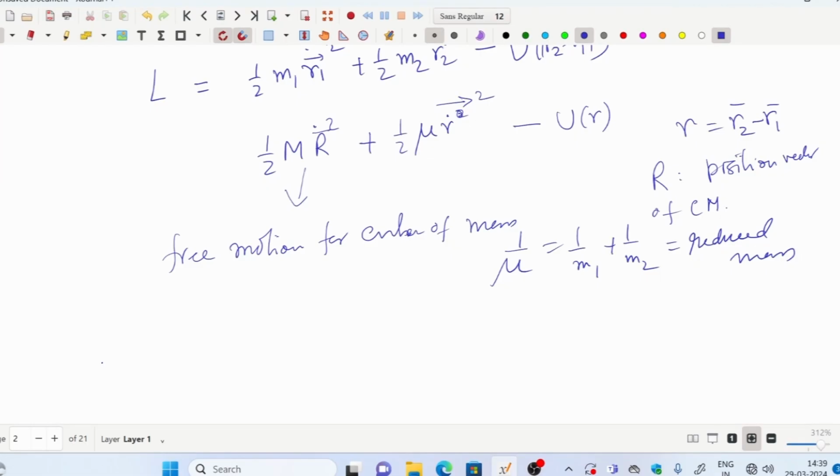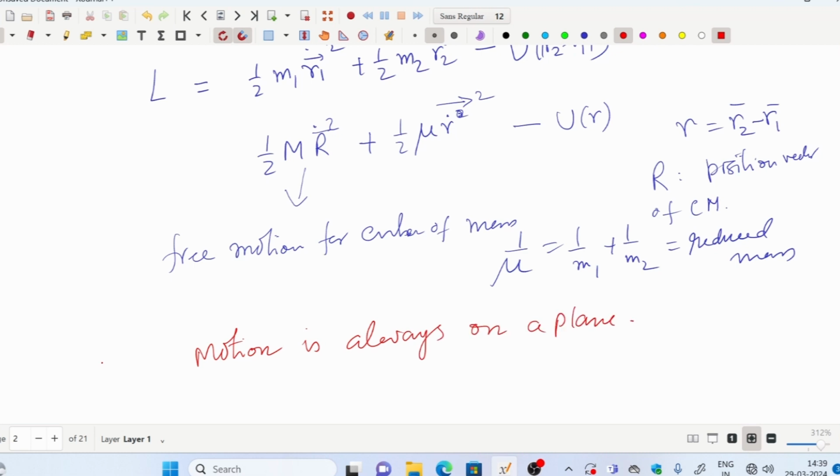Also, we have seen that in the central force problem, the motion is always on a plane.